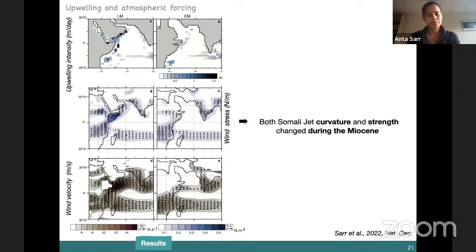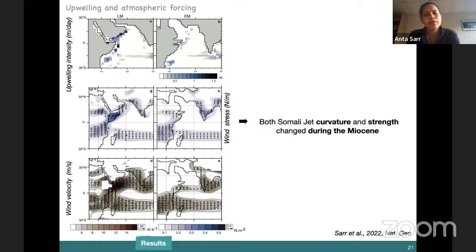The appearance of upwelling during the late Miocene is associated in this simulation with the appearance of the strong Somali jet, with both curvature and strength similar to the present day. This is the bottom left plot. You can see that these strong winds are responsible for strong wind stress along the coastline that generates this upwelling.